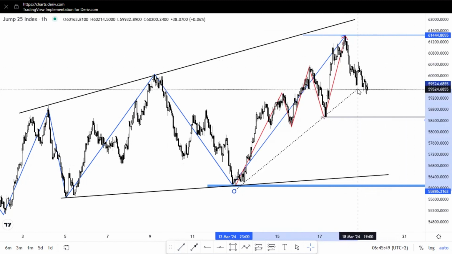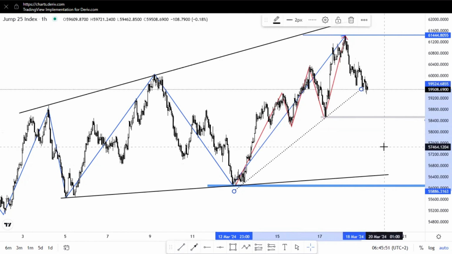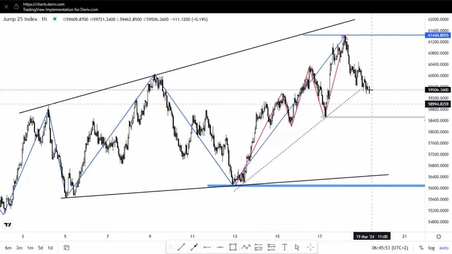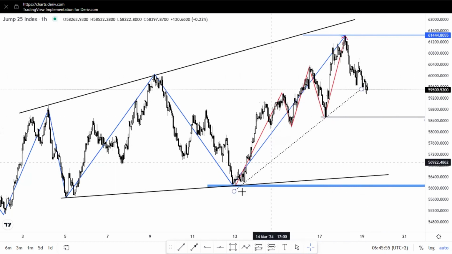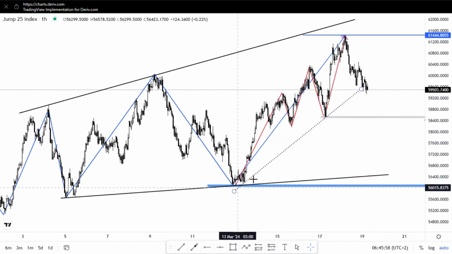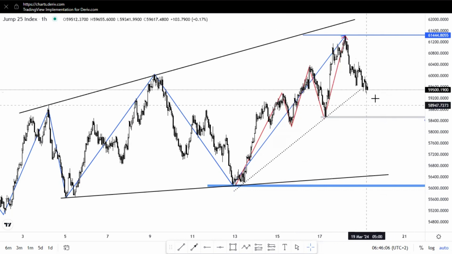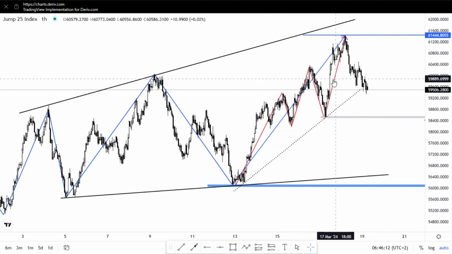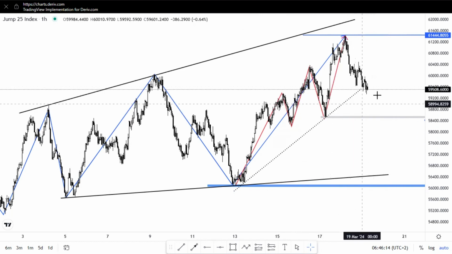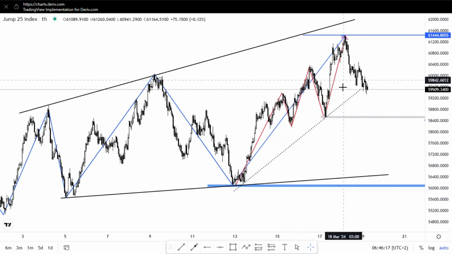I rather just focus like this, because I don't want to put any projections as to what is what. With this, I understand that every touch of a trend line has an area of support and resistance. So here there's a support and resistance, here there's a support and resistance, and obviously here there's something like an area of support and resistance. You can use that to your advantage.